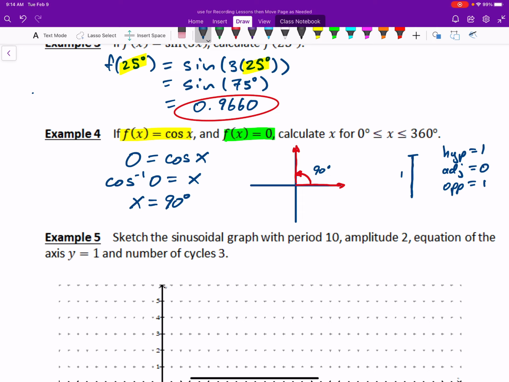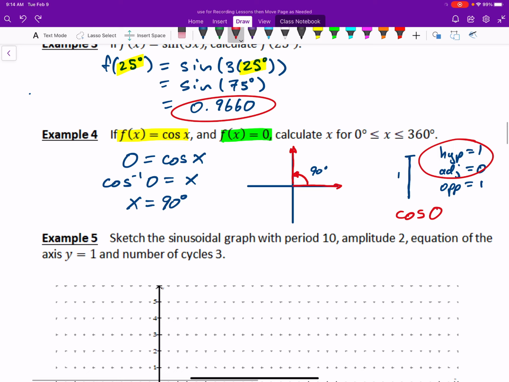And if we think about it that way, then we know that cos equals adjacent over hypotenuse, doesn't it? So it would be 0 over 1. Without going to the calculator, I can get cos 90 is equal to adjacent over hypotenuse, 0 over 1 equals 0. Again, what I was looking for.